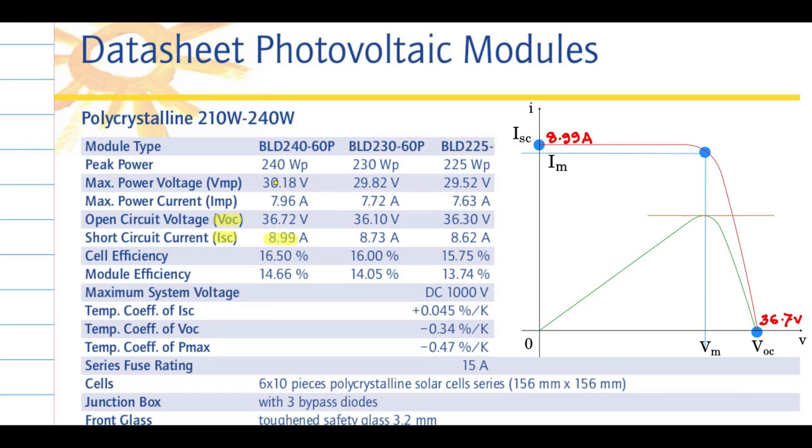So if you look at these two and map it onto the PV panel, this is equal to 7.96 amps, and this is 30.18 volts.